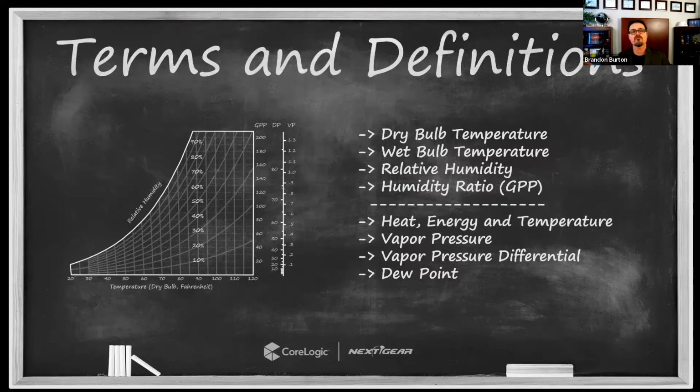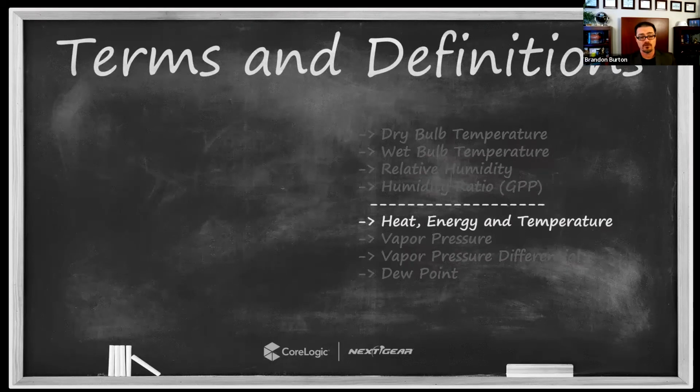And this is where we understand the relationship between heat, energy, and temperature, vapor pressure differentials, and dew point. That's where we're going to dig in real deeply today. And then we're going to take that information and distill that into some really practical ways that you can apply these on a daily basis as you're monitoring mitigation projects and making drying decisions. So with that, let's dig into first heat, energy, and temperature.